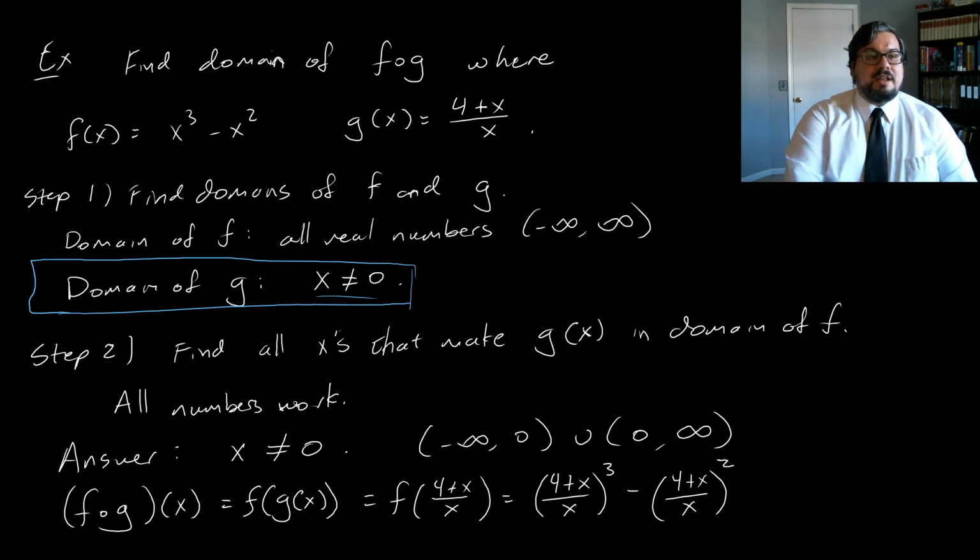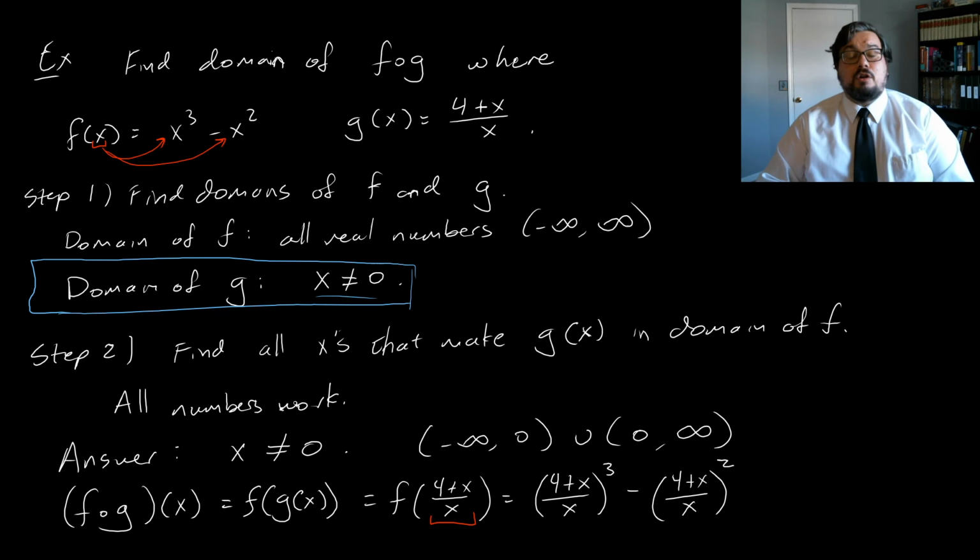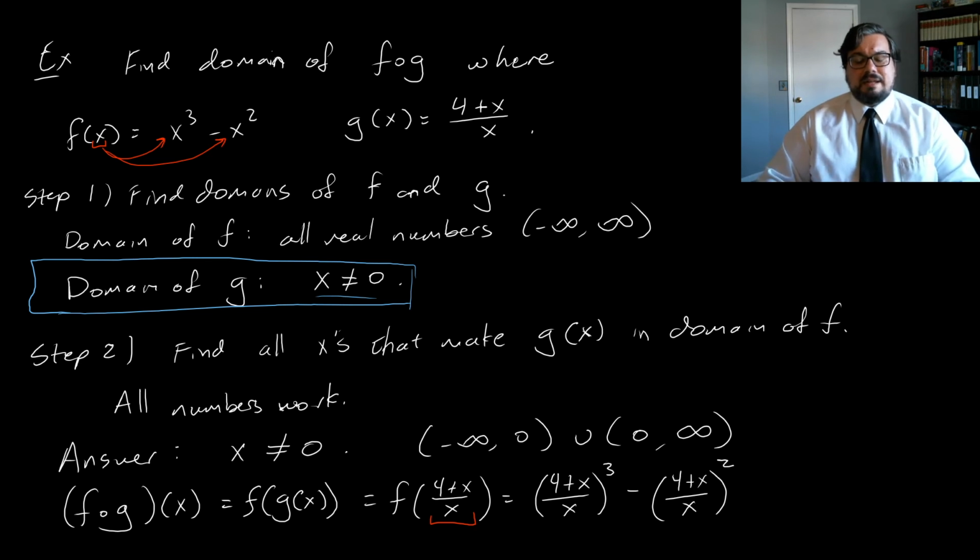So notice that whatever we plug into f here goes into all instances of x that appear in the formula for f. Now that can be expanded further and simplified. That's not super necessary here, so I'm going to go ahead and leave it for a moment. But it's decent exercise if you want to stretch your muscles with simplifying expressions like this.